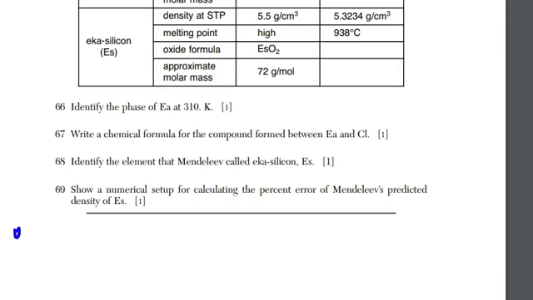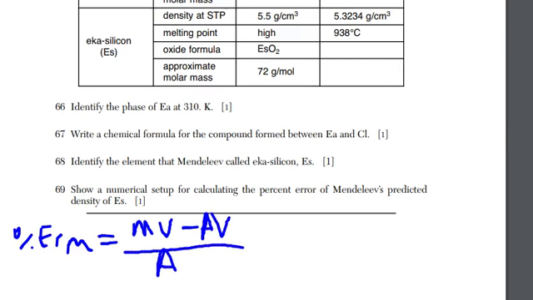Okay, so percent error is measured value, I'm just abbreviating, minus accepted value, divided by accepted value, times 100. Don't forget the 100. So when I'm looking at the densities here for Es up at the top, I'm just going to plug in the numbers exactly as we have them.